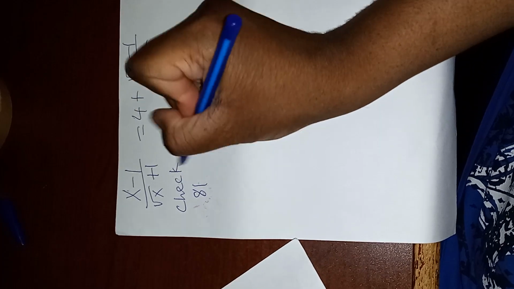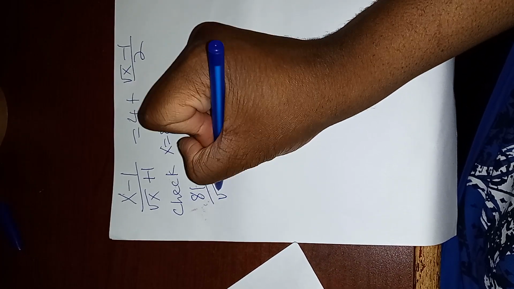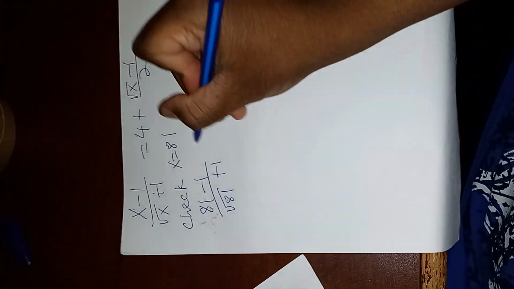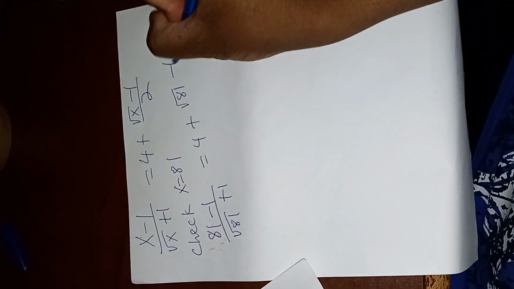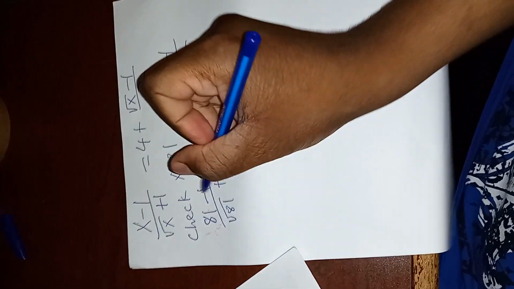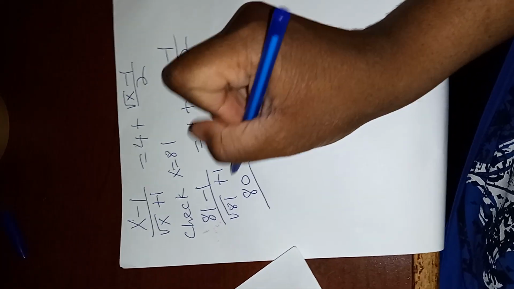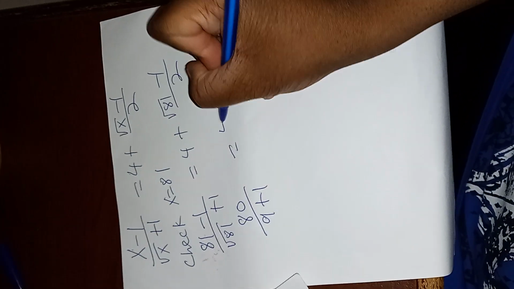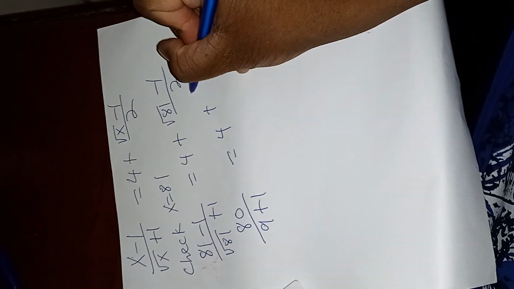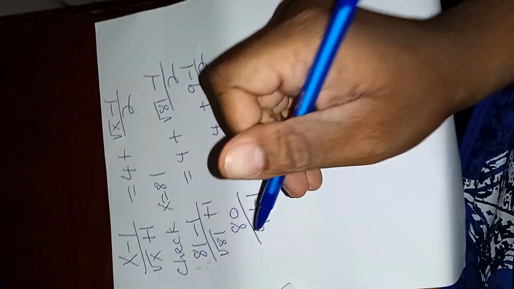So 81 minus 1 divided by the square root of 81 plus 1 is equal to 4 plus the square root of 81 minus 1 divided by 2. So 81 minus 1 is 80 over square root of 81 is 9, then plus 1 is equal to 4 plus 9 minus 1 divided by 2, because the square root of 81 is 9.